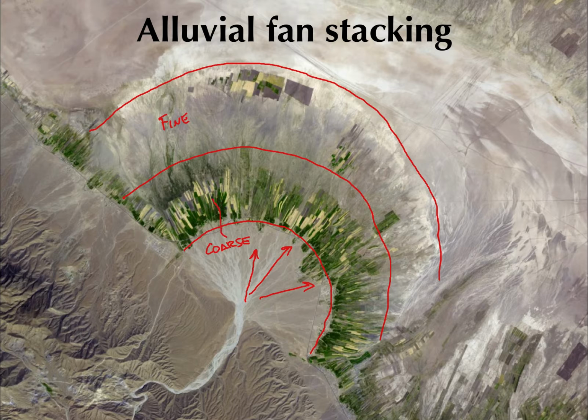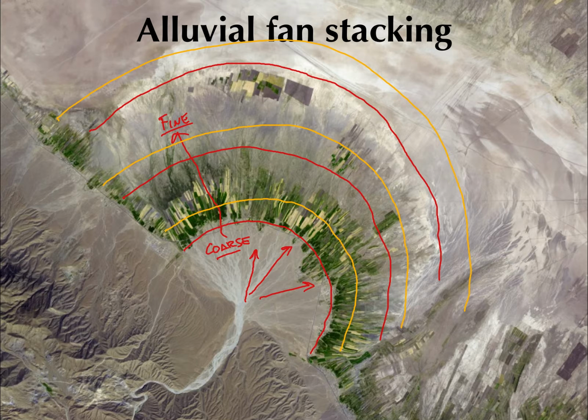So as you go down fan, you see this progression from very coarse gravel to fine, perhaps sand, perhaps just finer gravel as you go down. And over time, these facies, as the fan builds out, will migrate out on top of each other. So over time, as this fan continues to build out, we'll continue to build out these zones of coarse, medium, and fine sediment.